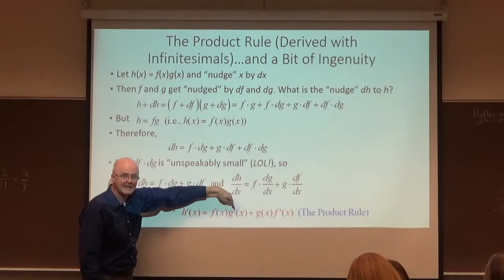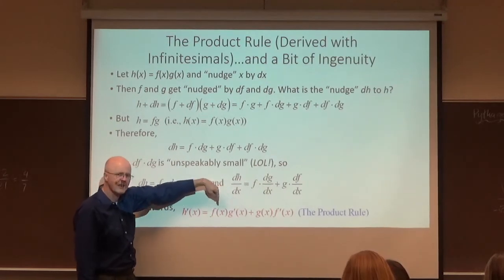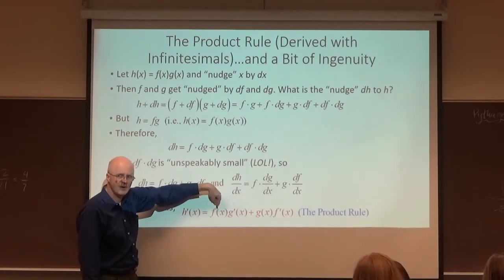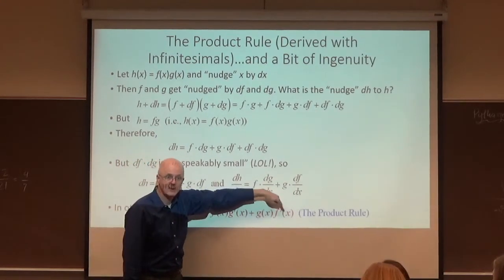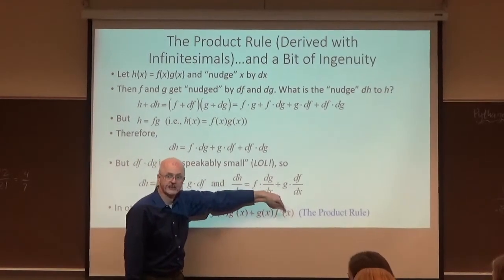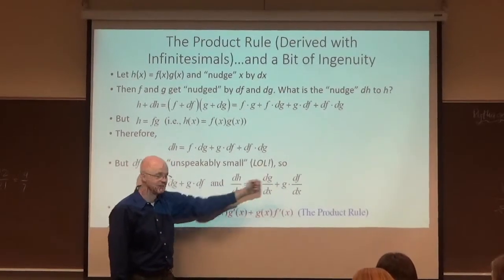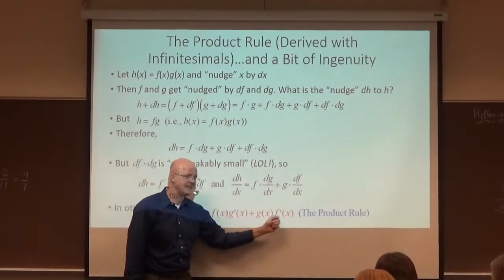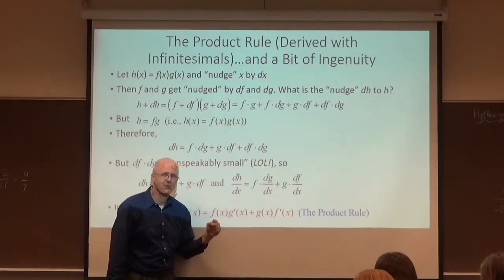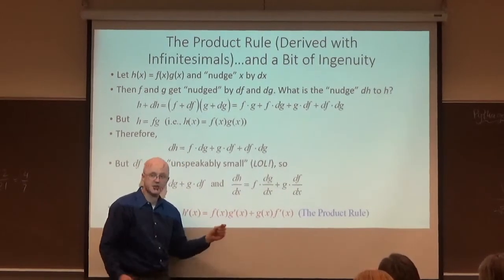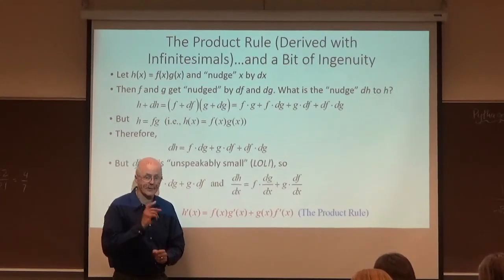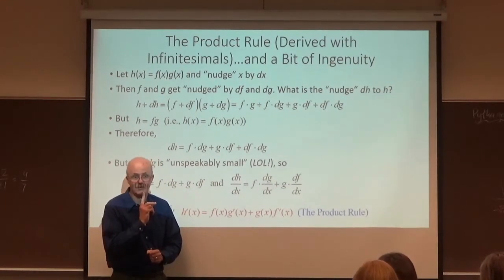Left d right means the left function times the derivative of the right function, plus right d left, the right function times the derivative of the left function. Left d right plus right d left is the way to remember that, though you actually can switch it around here from the product rule because addition is commutative. It's not going to work with the quotient rule because there's a subtraction in the quotient rule.